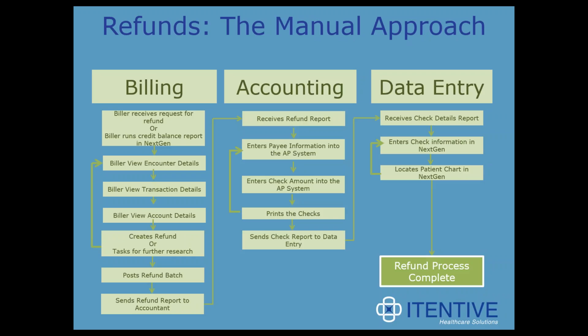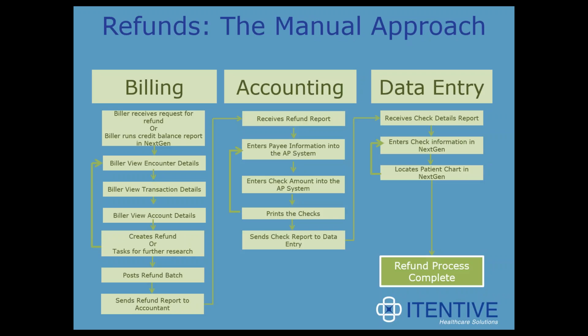One, it's going to be in a reactive manner, meaning somebody calls up and says, I have a credit balance, I would like to have a refund issued to me. Or you're going to manage the credits in a proactive manner, meaning that you print off the report every couple of weeks or once a month, and then you process the credits based on what's on that report. So you're going through it in a proactive manner.